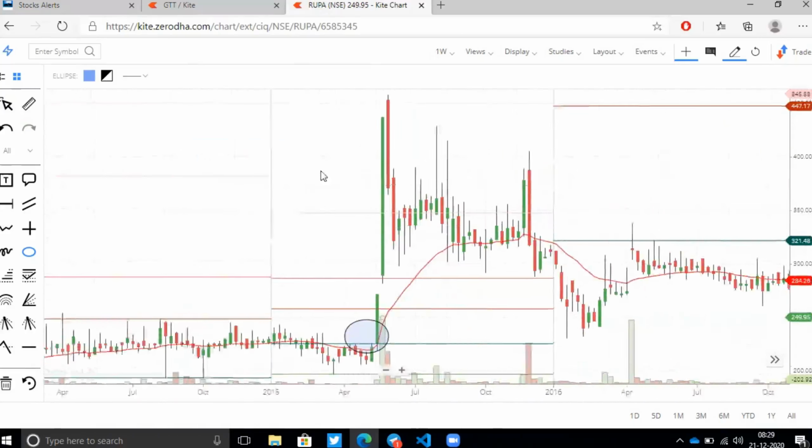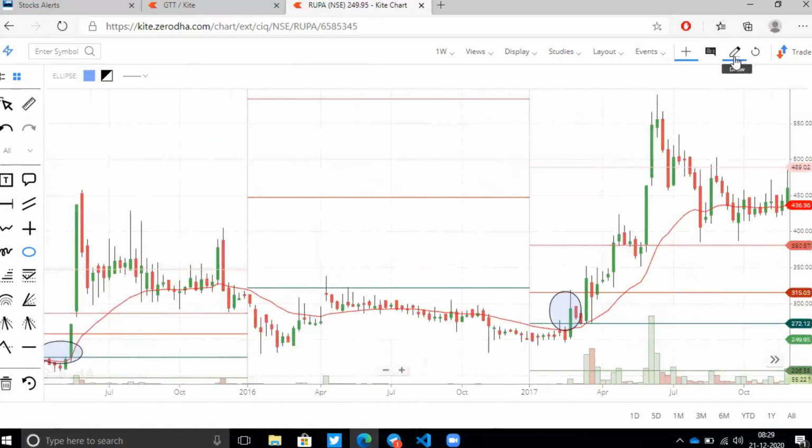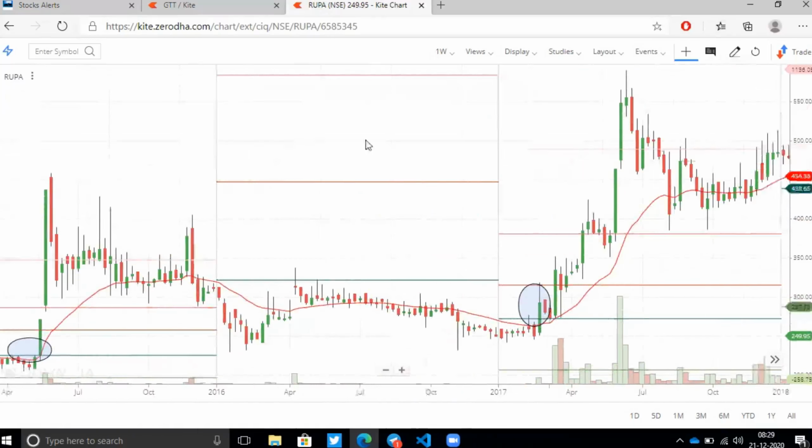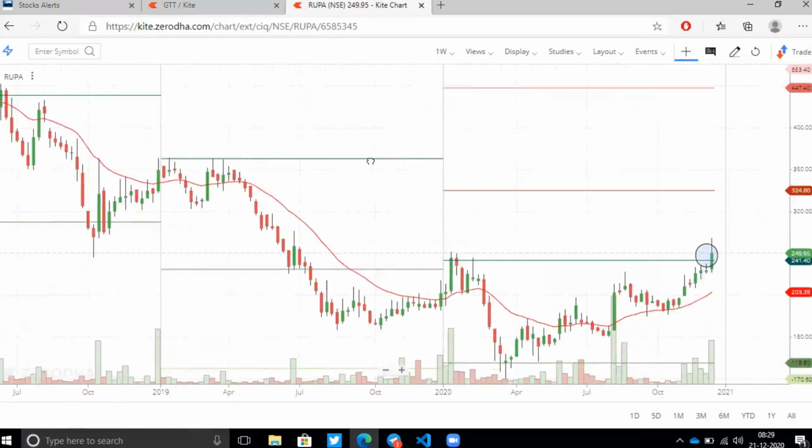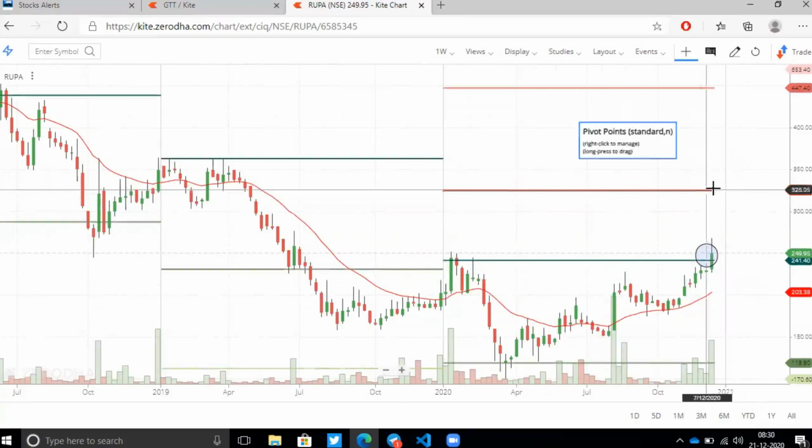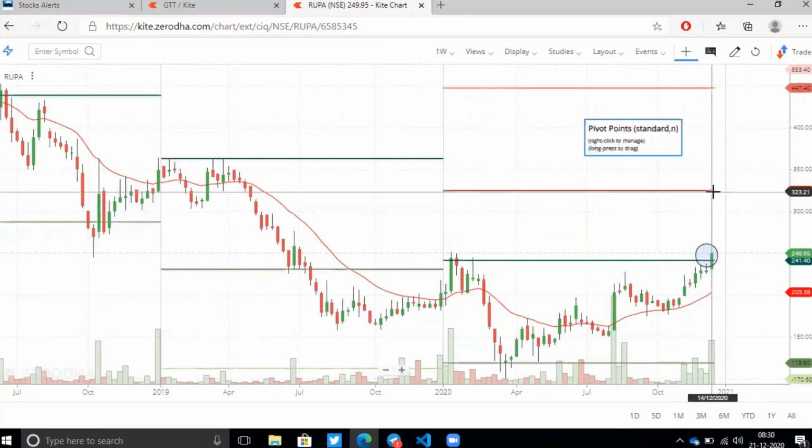Okay, we have got three entries right now. Let us check how it went. This is the entry, and we can easily expect the next pivot. If you are at a pivot, the next pivot will be our target, so easily we can get it.